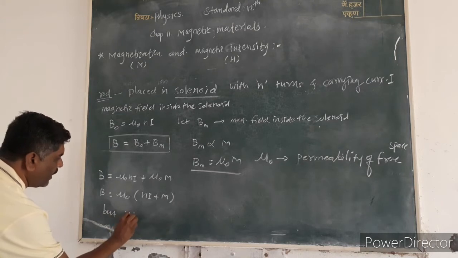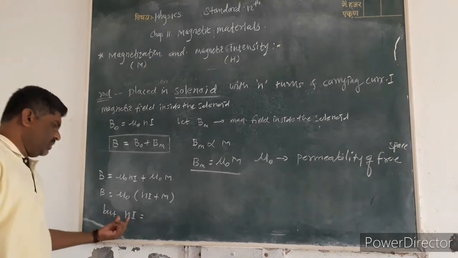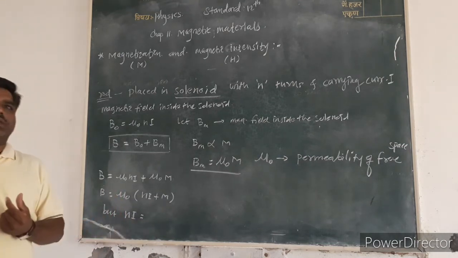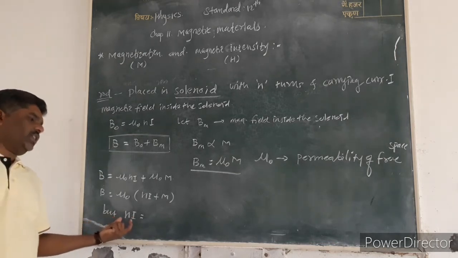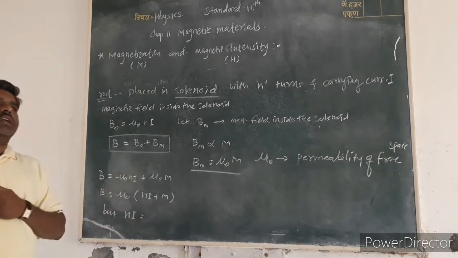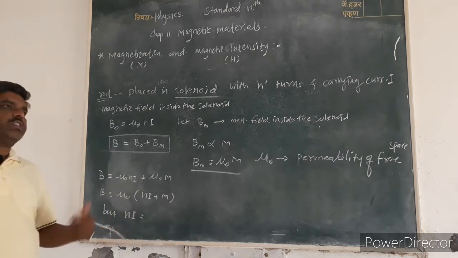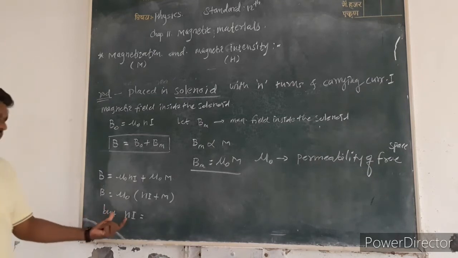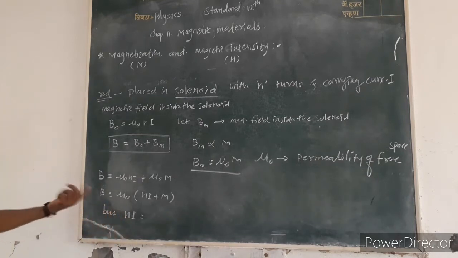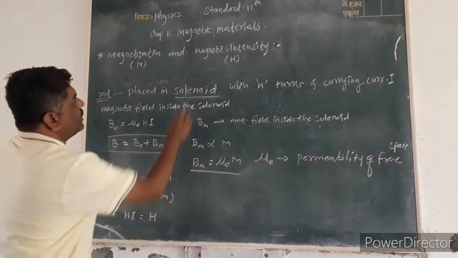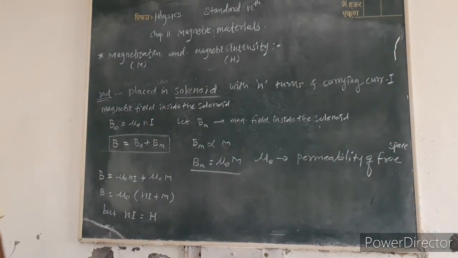But n into I, where n means number of turns and I means electric current, this product of number of turns and current is called the strength of magnetic field. This strength is expressed in terms of a quantity called magnetic intensity. It is the second topic.